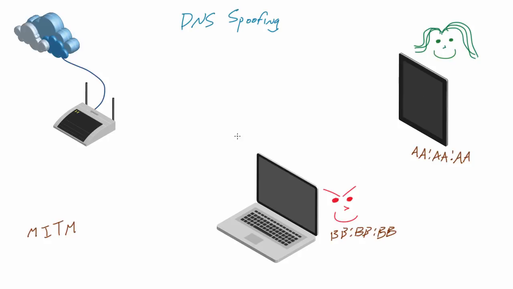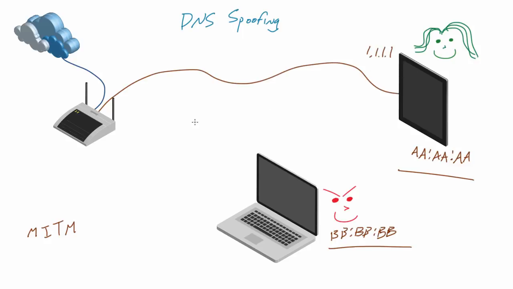Whenever devices first join a network, the router and all of these devices start learning which MAC address correlates to which IP address. We'll give this one the IP address 1.1.1.1, and we'll give this one the IP address 2.2.2.2. ARP spoofing is pretty much messing with this correlation.